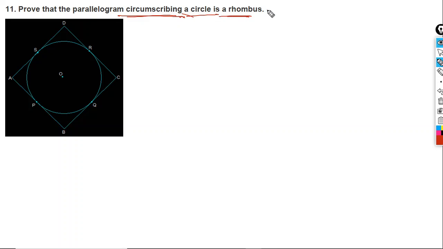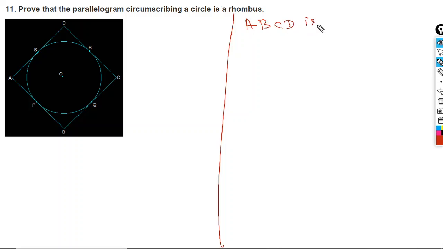So here we have ABCD is a parallelogram which is circumscribing a circle with center O. So what is given? Given is ABCD is a parallelogram.